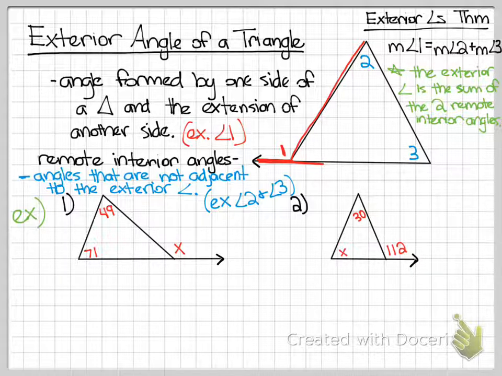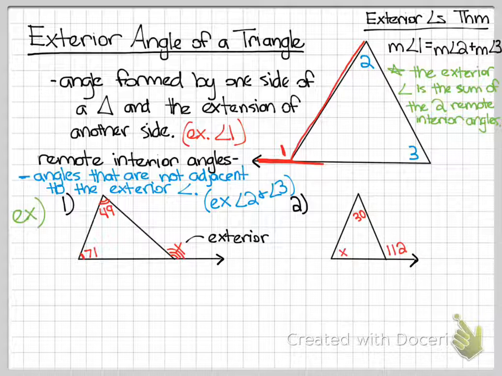So let's look at number 1. We have that this angle here is 71, this angle up here is 49, and we want to find the value of x. We want to find what does angle x have to equal. Well, we can identify angle x. Angle x is an exterior angle. So that means that it's going to be the sum of the two remote interior angles.